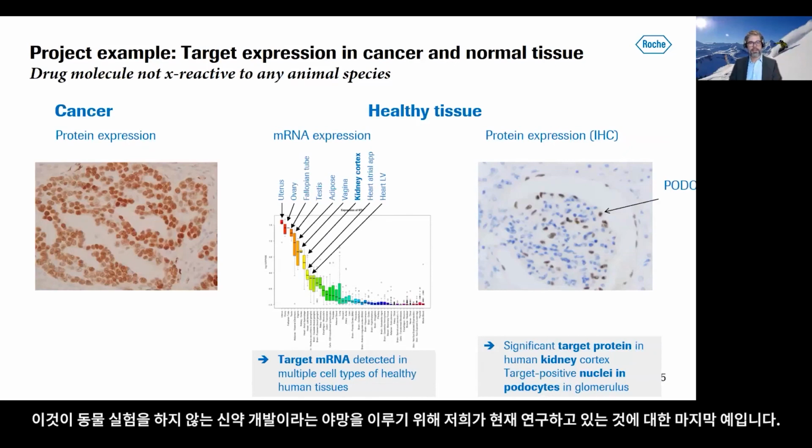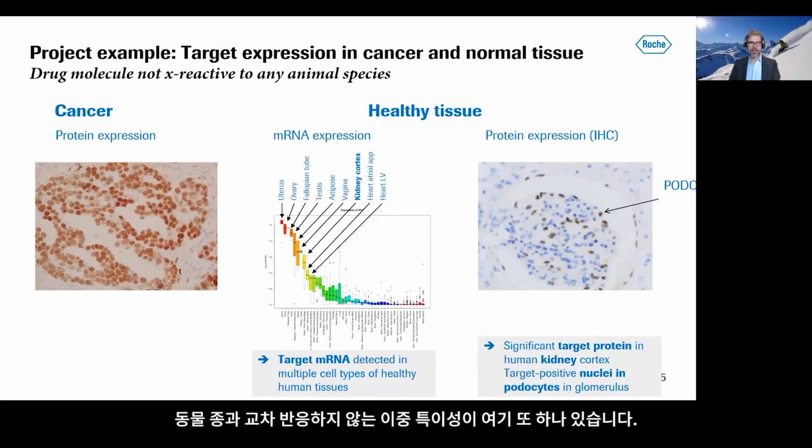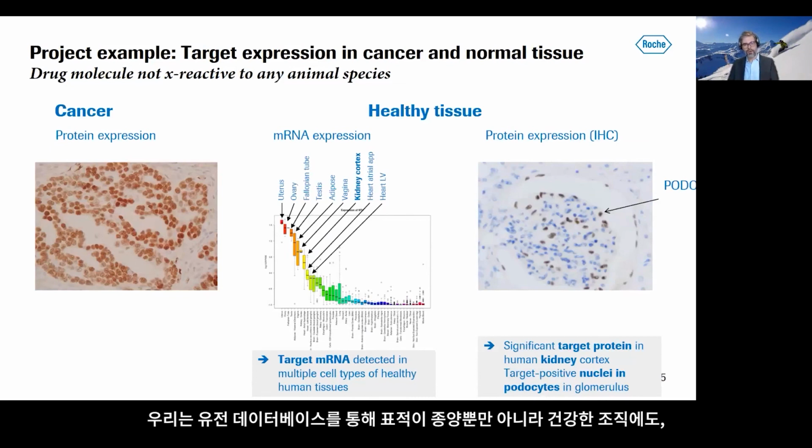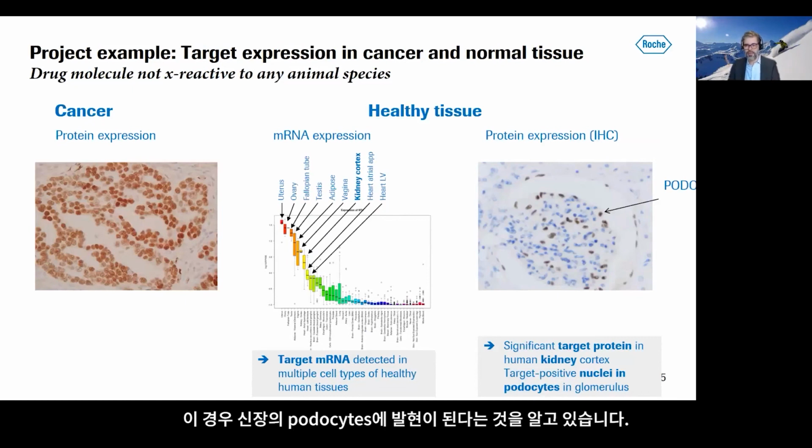Here's one last example of what we're currently working on to meet our ambition of animal-free drug development. So here's another bispecific, which is not cross-reactive to any animal species. We know from our genomic database that not only is the target expressed in the tumor tissue, but also in healthy tissue, in this case, in podocytes of the kidney.